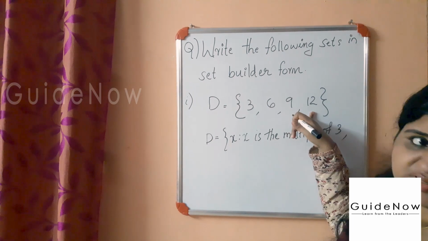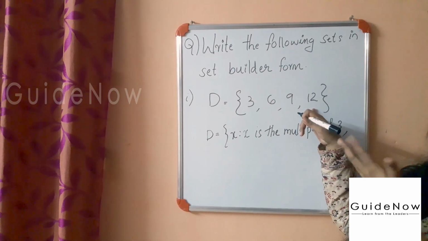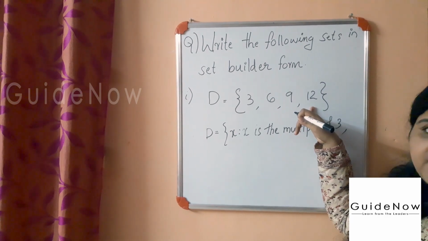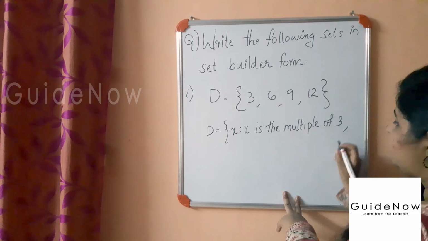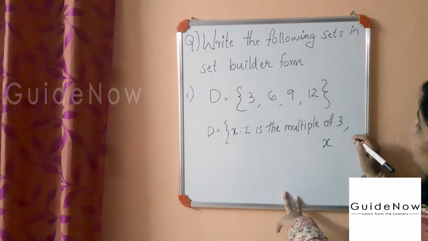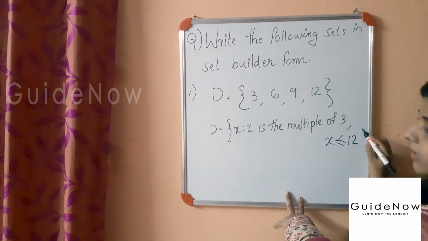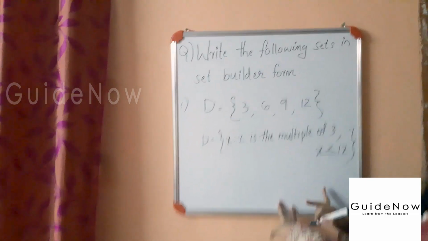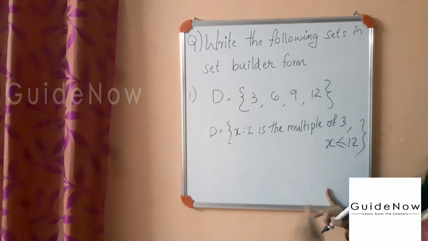Here the numbers go up to 12. If infinity were there, that means dots would be there, and we would not need to write the condition. Here up to 12 is given, so we write the condition X less than or equal to 12. Then close the bracket. This is the set builder form.